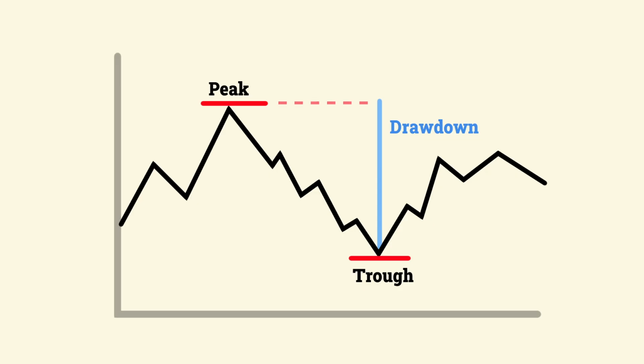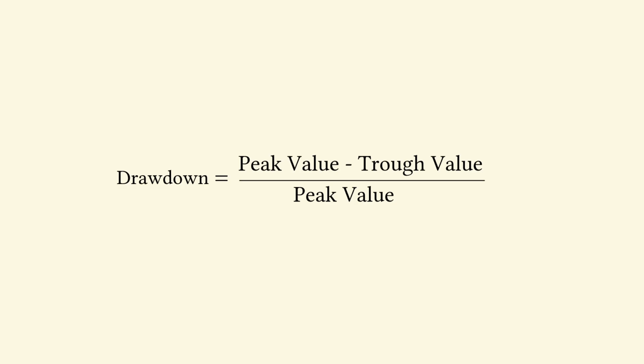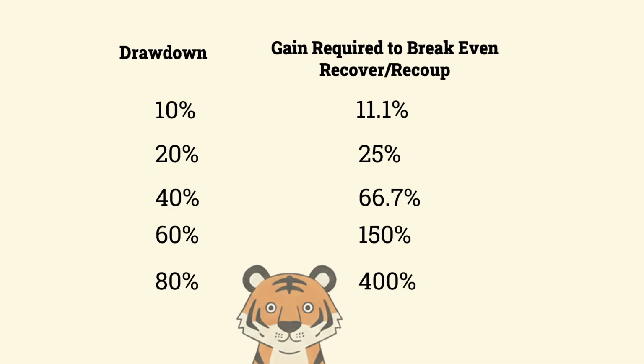Formally, drawdown is defined as the decline from a historical peak to a subsequent trough. The maximum drawdown represents the largest such loss observed over a given period. Drawdown is a critical measure of risk because it reflects actual capital lost, not variability. Large drawdowns reduce capital, limit future returns, and may force investors to exit positions, making recovery difficult or impossible.